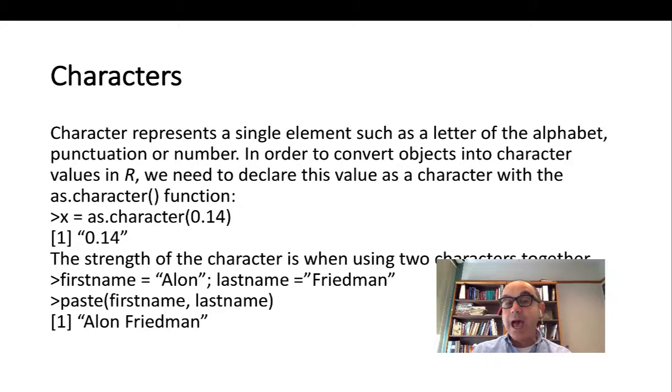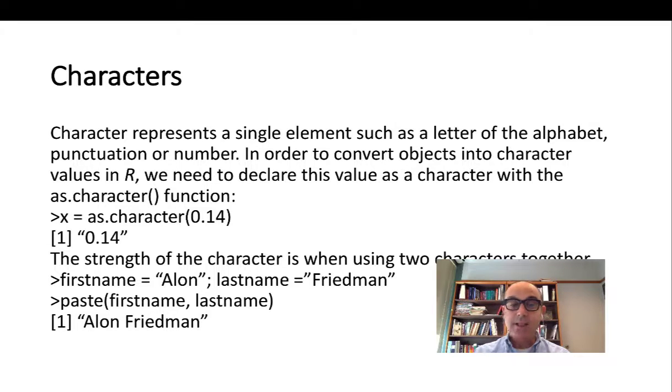Characters represent a single element such as a letter of the alphabet, or functions, or numbers. In order to convert an object into a character, we need to define it for R to declare that. So we usually say X or Y or whatever value you declare, and you will define it as character and give it a value.